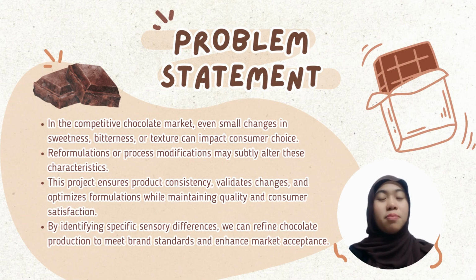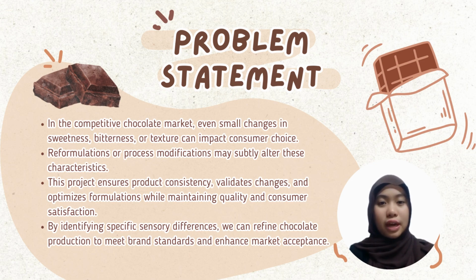So we proceed to the problem statements of this project. First of all, in the competitive chocolate market, even small changes in the product's sweetness, bitterness, or texture can actually impact consumer choice. Reformulations or process modifications, such as sugar reduction or new ingredients added, may subtly alter these characteristics.